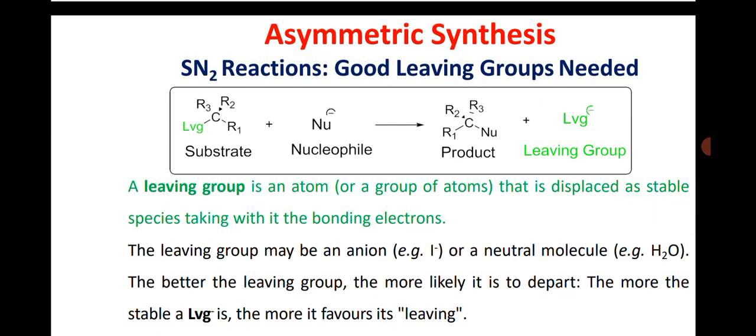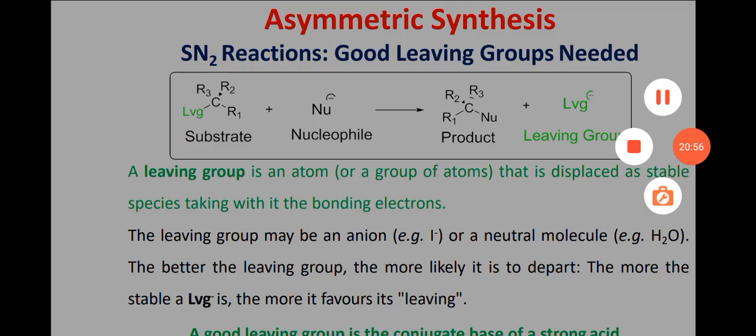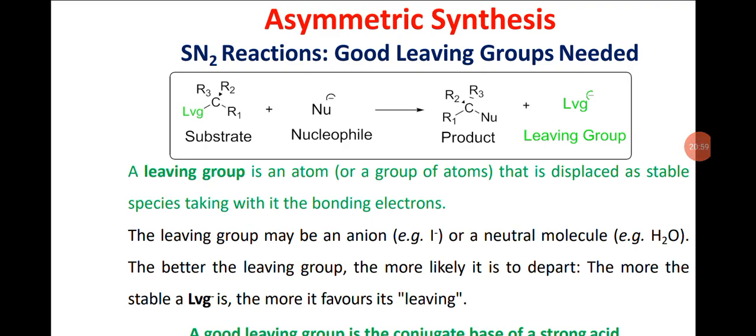Asymmetric synthesis, SN2 reaction. Here we will discuss the role of a leaving group. Before going to the discussion of the leaving group, we have to understand what a leaving group is, how it interacts with and how it bonds with the substrate. In simple terms, if a leaving group has a strong bond with the substrate, it will be difficult for us to break that particular bond.